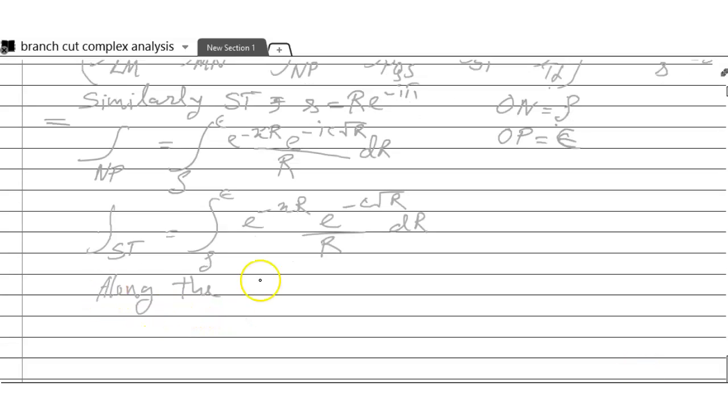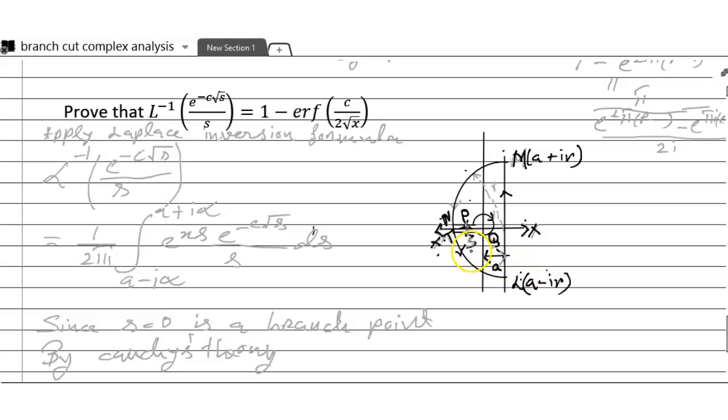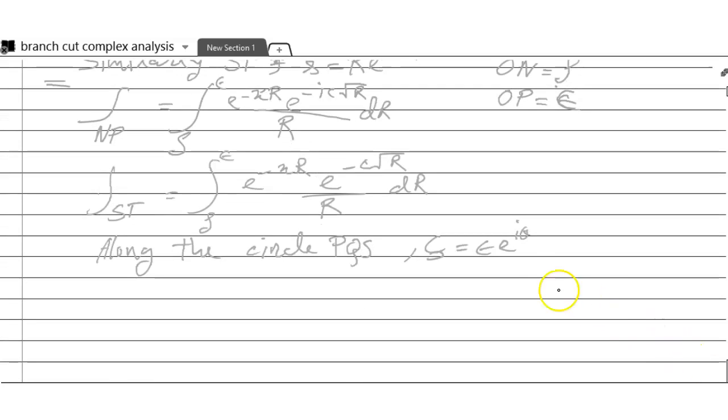And along the circle PQS, s is equal to epsilon e to the power i theta. We will go to the PQS, then we will take s equal to epsilon e to the power i theta.